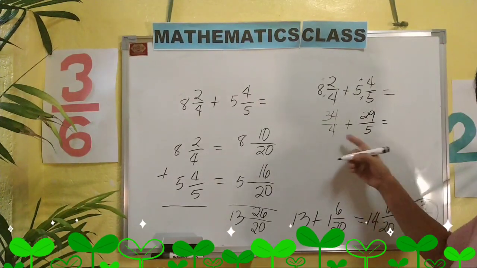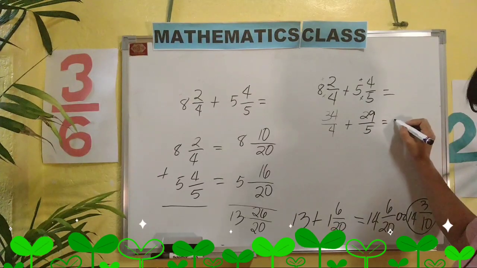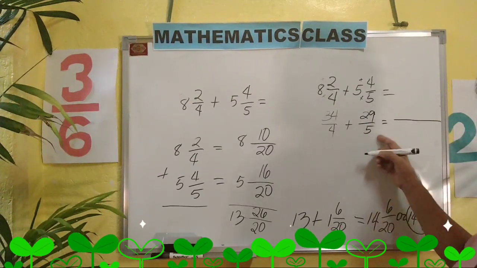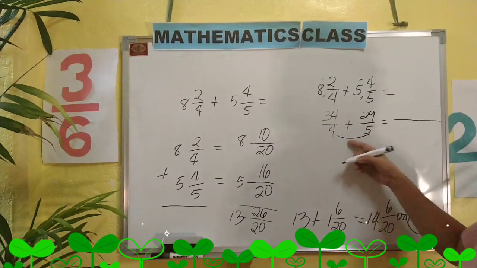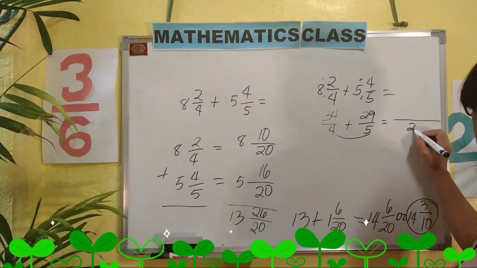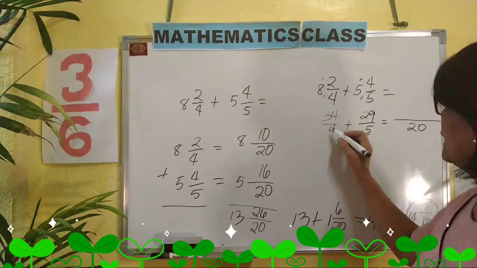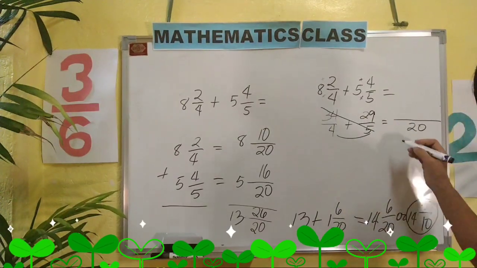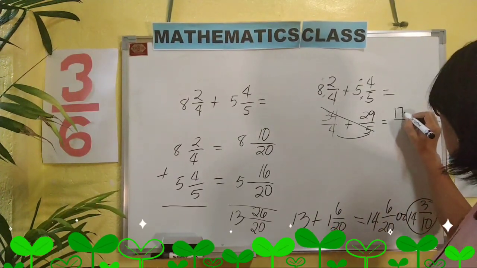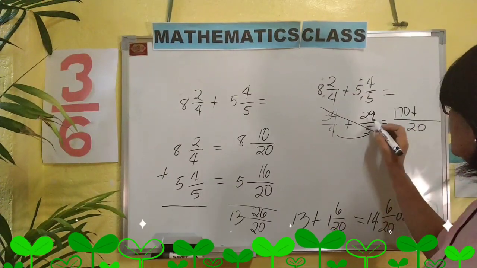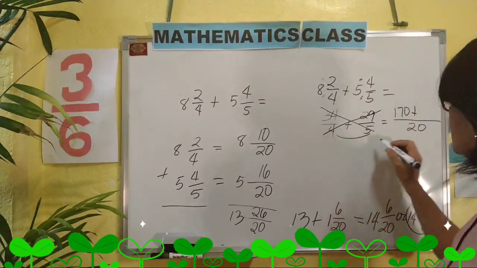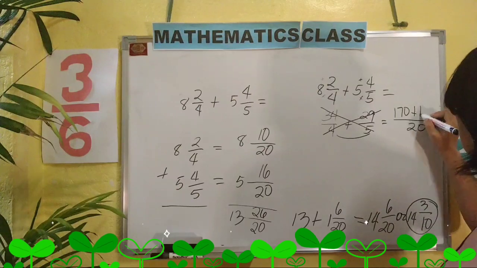And then, find the LCD. So, the LCD, multiply this. This will become 20. Okay. Then, multiply diagonally. This is 170. Plus, multiply diagonally 116.